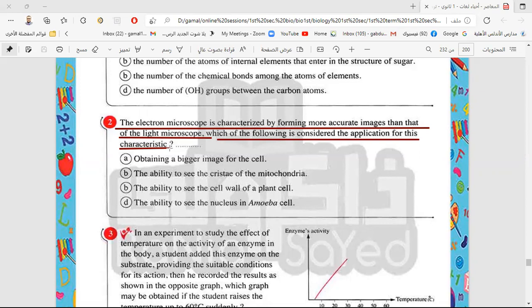So you are searching for something the light microscope cannot make a clear image of. Is it obtaining a bigger image for the cell? The ability to see the cristae of mitochondria, the ability to see the cell wall of the plant cell, the ability to see the nucleus in an amoeba cell. Which one of them can the light microscope not see very well?